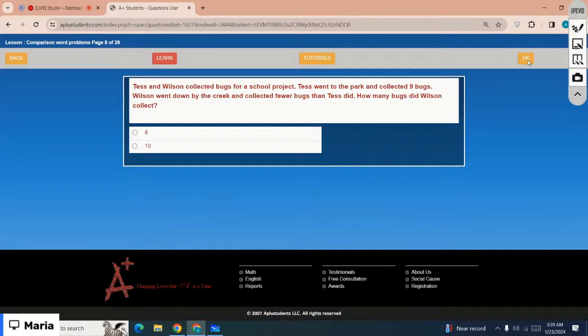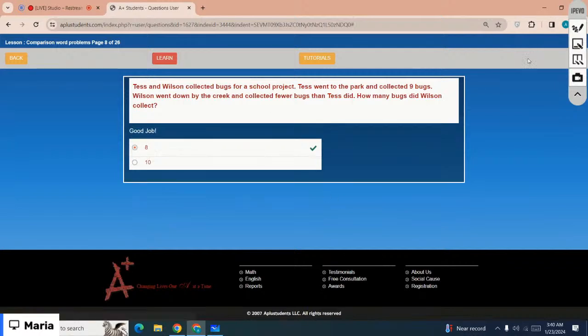So which number is fewer than 9? The correct option is 8, right? Because 8 is the number that is less than 9. Got it?